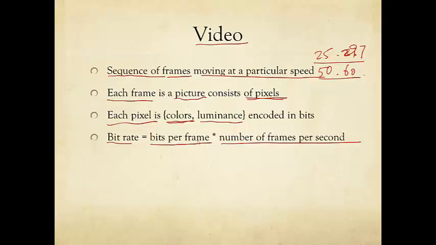And the bit rate, therefore, is basically the number of frames per second times the number of bits per frame. So what kind of number are we talking about here? Well, number of frames per second would be 60 or 50. Number of bits per frame depends on the resolution. A certain HD TV is 1280 by 720 pixels. So that is altogether how many pixels? 921,600 pixels.